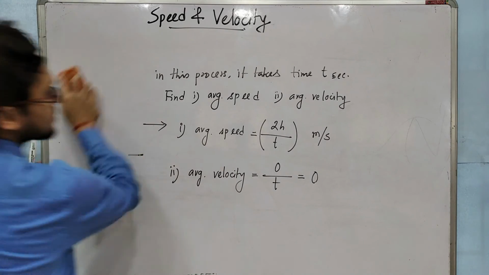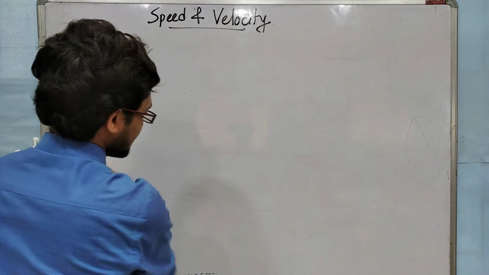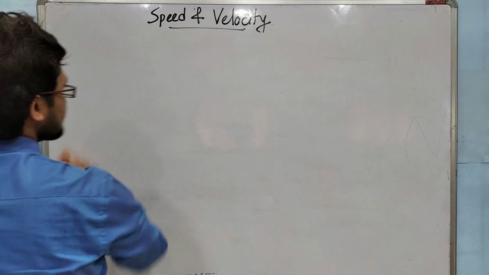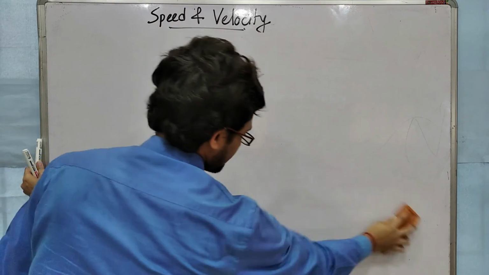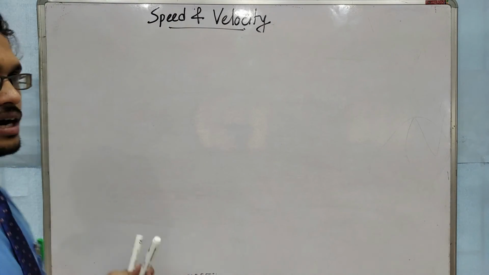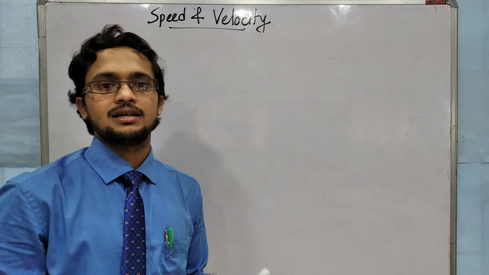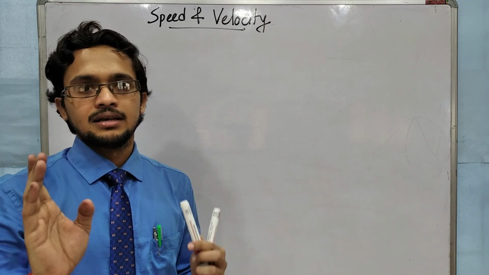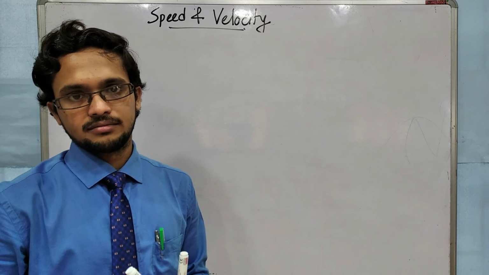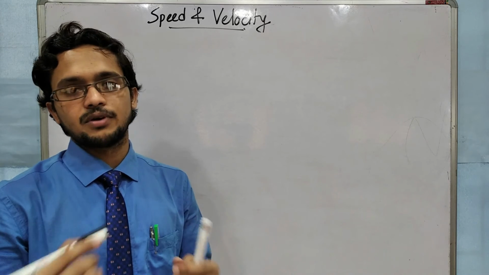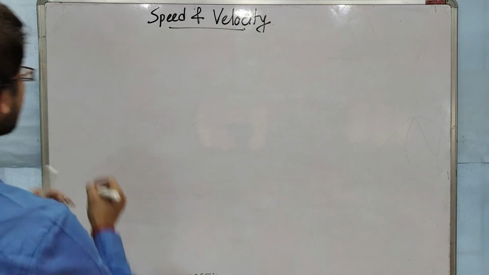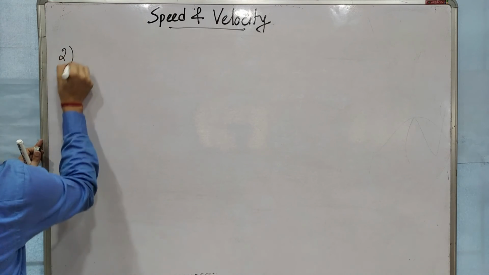Second problem. Suppose a car moves for 30 minutes with 30 kilometer per hour, and the next 40 minutes with 40 kilometer per hour. Okay, question number 2.